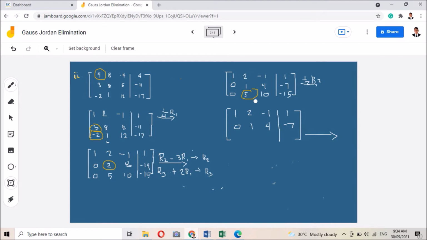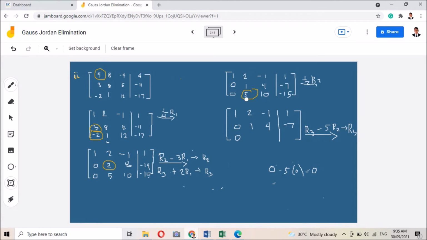Okay, how to do that? Simply, we'll use the leading entry equal to 1. Then R sub 3 minus 5 R sub 2, and make sure to put the result in row 3. The entry in row 3 is 0, then minus 5 times 0 in row 2, that is equal to 0.